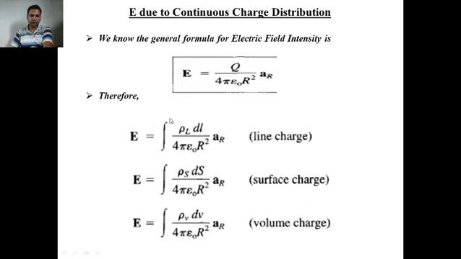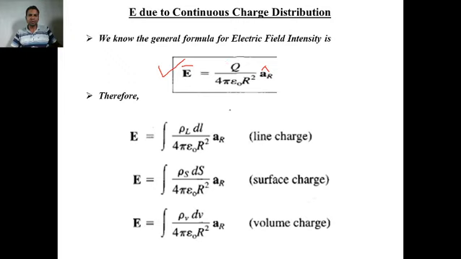Then we discussed how to compute or how to frame the formula of electric field intensity for other types of charge distribution. We already had, using Coulomb's law, E bar for a point charge, which is nothing but q upon 4 pi epsilon 0 r square AR cap. So, this formula we obtained with the help of Coulomb's law.